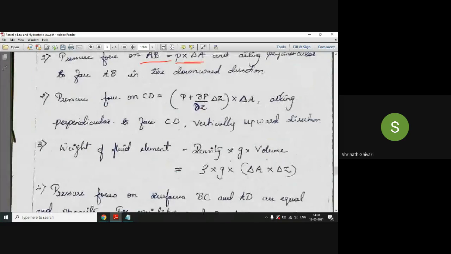Then we have the weight of the fluid element. What is the weight of the fluid element? Density into g into volume. How did I get this? Can anyone tell me?